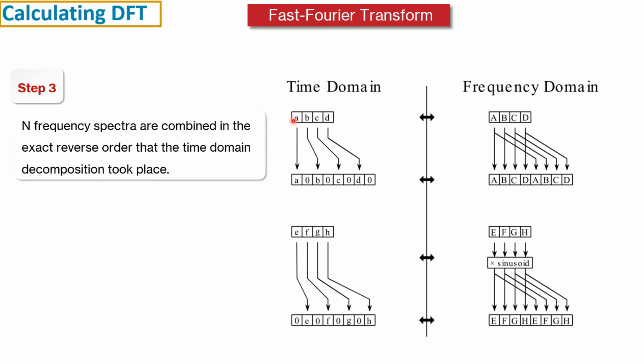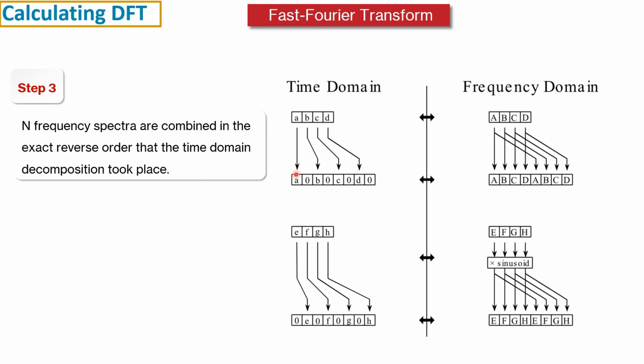So in order to convert two 4-point time domain signals into one 8-point time domain signal, we make one 8-point signal from this and one 8-point signal from this. These are two time domain signals that we will combine into one.